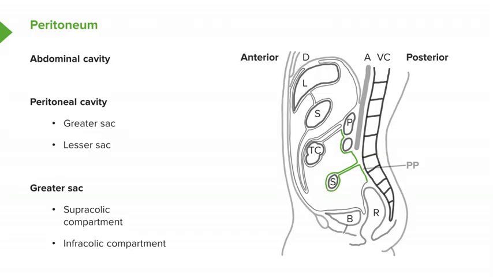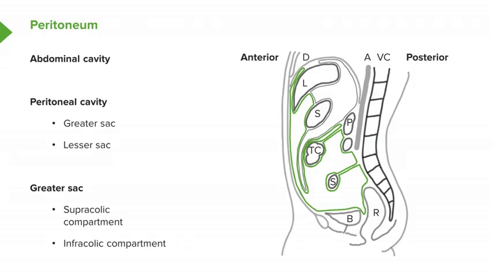So we have parietal peritoneum, and we have visceral peritoneum. And what we've got here is the mesentery. We can now see how these mesenteries allow these organs to move around within the abdomen. Now, everything in this space here, this free space, is known as the greater sac.